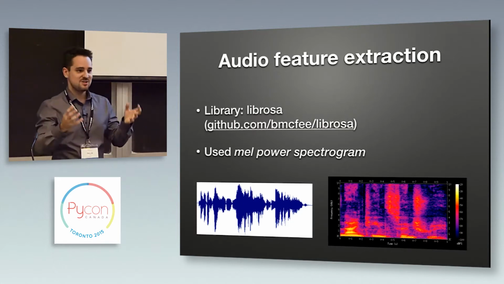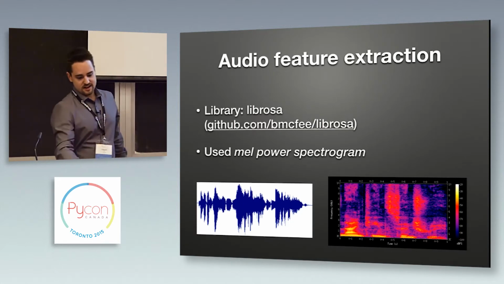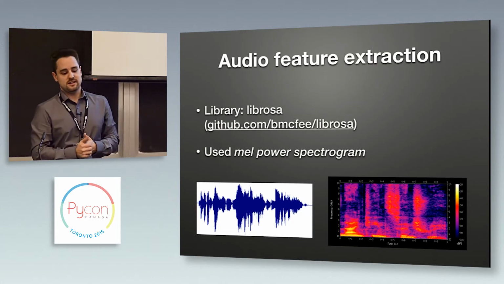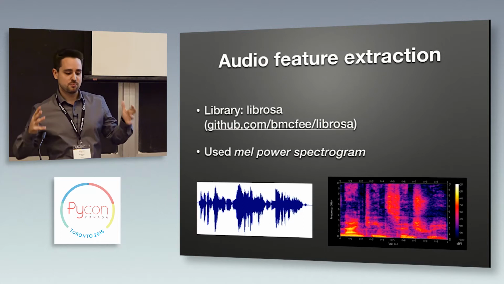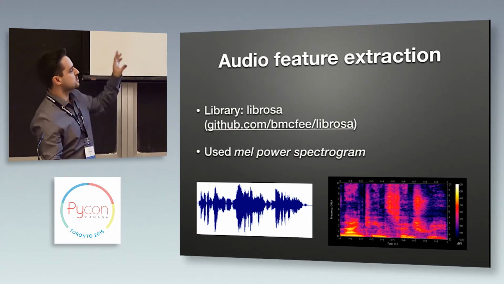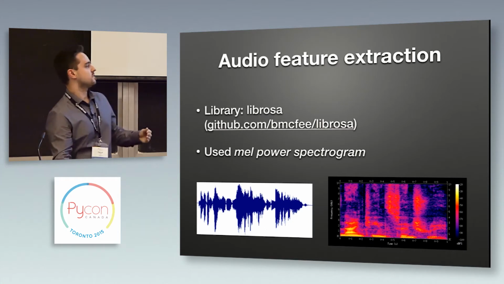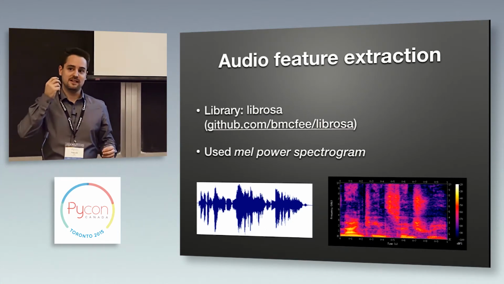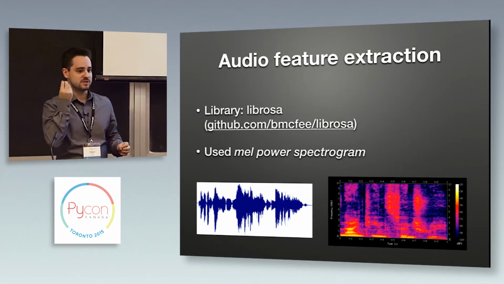You can see what the audio looks like. And this is at the basis of almost every smart audio processing system. What we actually use is the Mel power spectrogram, which is just a spectrogram with an extra level of transformation on top of it to make it look more like the way the human ear perceives sound.